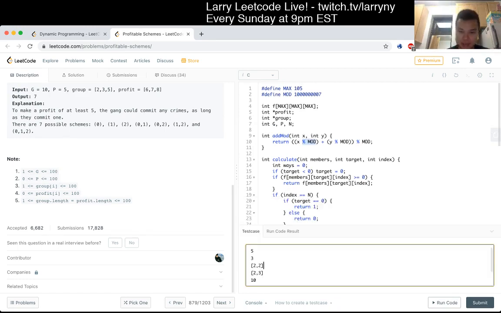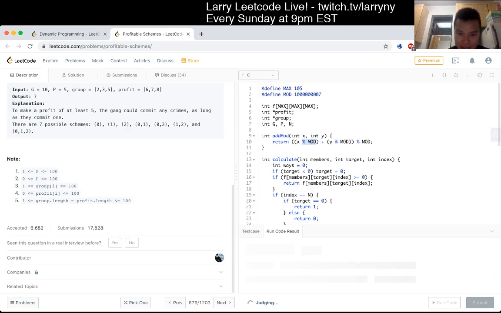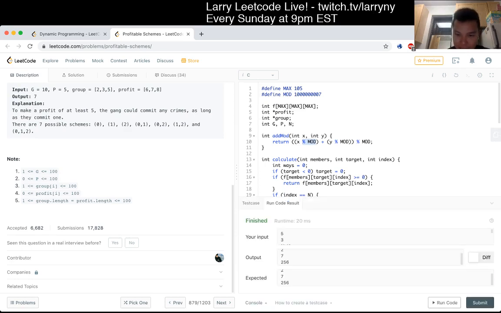Okay, let's try the big example, or just 100 members. Let's say no profit. So then there are a lot of ways you could do certain things. This should be almost, I don't know, 2 to the whatever. Yeah, 2 to the 8.